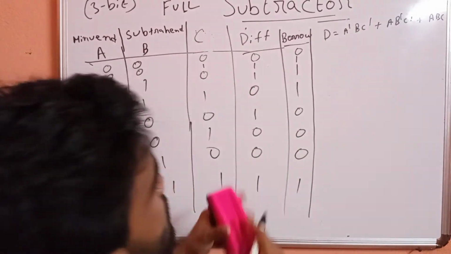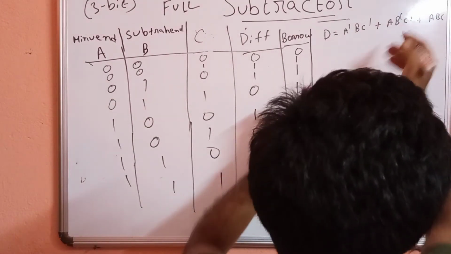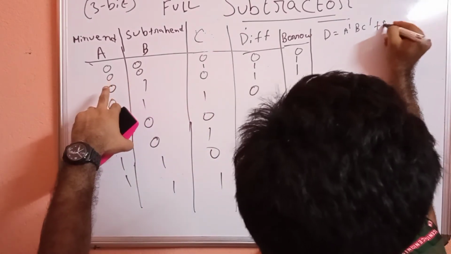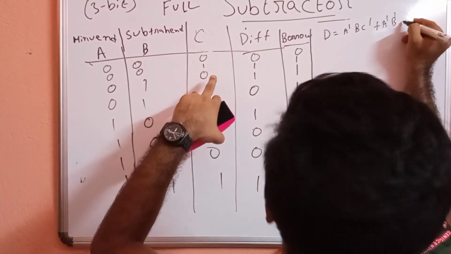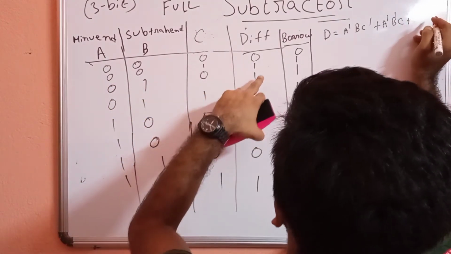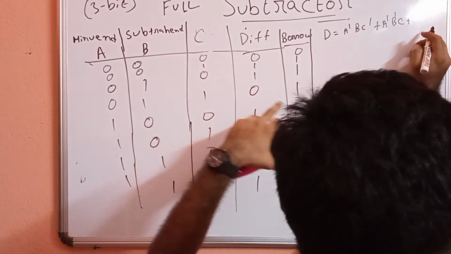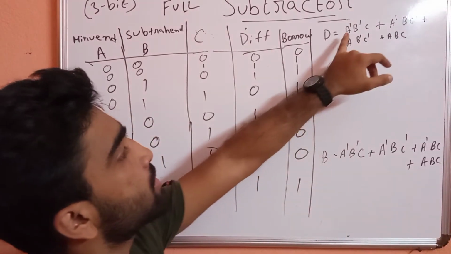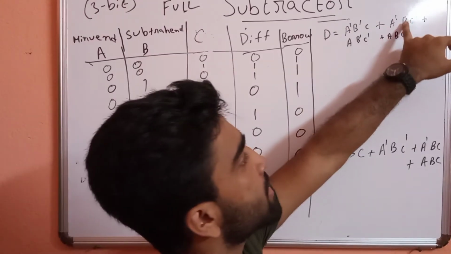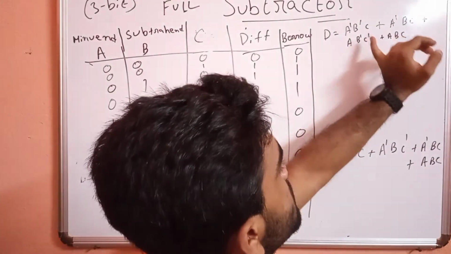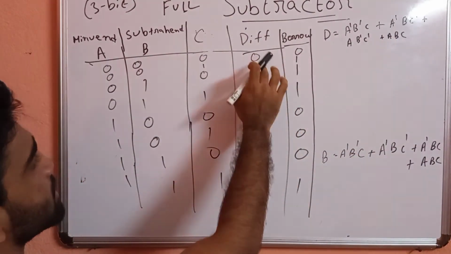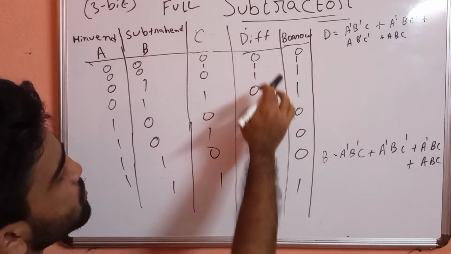Now let us see. Okay, so here another expression will be added, plus A complement B complement C. So the difference we have got is A complement B C complement plus A complement B complement C plus A B complement C complement plus A B C, from the min terms 1, 2, 3 and 7.